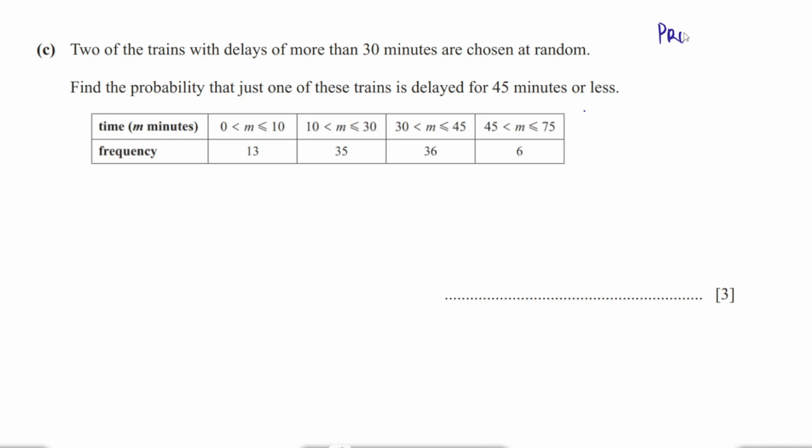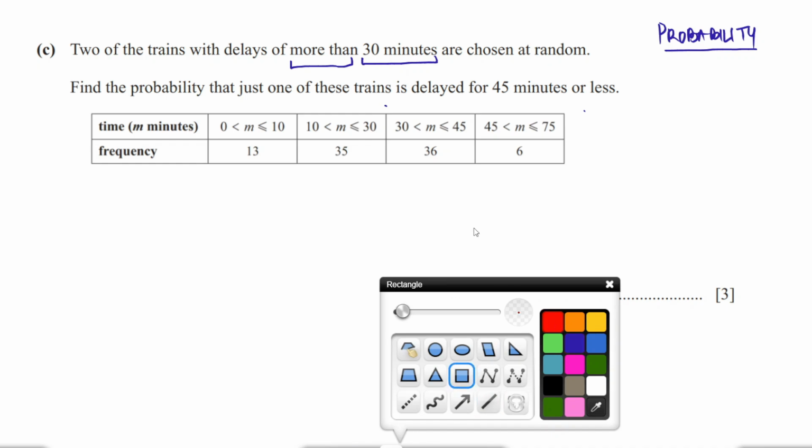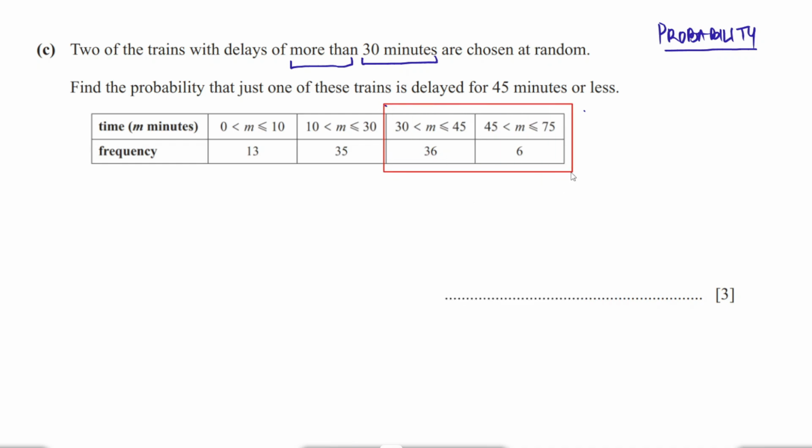Okay, chapter probability. I had copied the table here. It says that 2 trains with a delay of more than 30 minutes are chosen at random. So 2 trains have been chosen when the time of delay is more than 30, which means the trains are being selected from this group only.